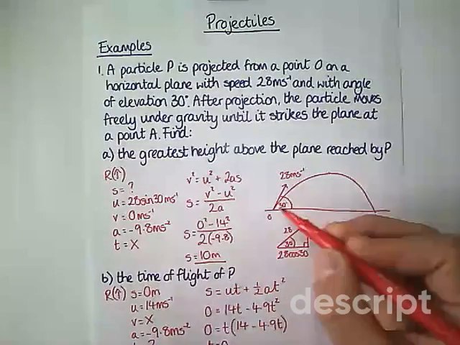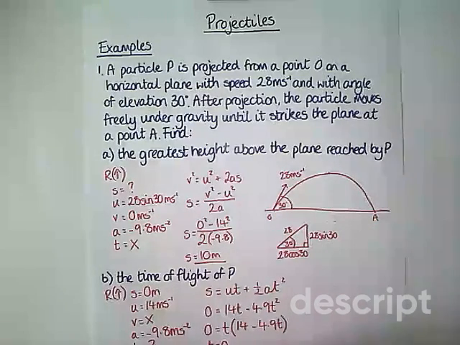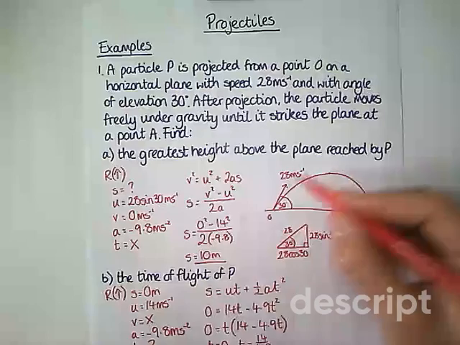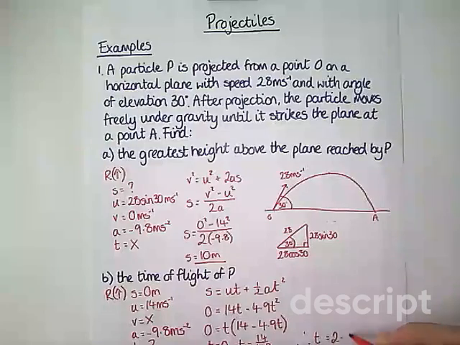Well, that's going to be at the start, that's when the displacement was 0, so that's this point, okay, or t is going to equal 14 over 4.9, okay, so that's this time. So therefore t equals 14 over 4.9, which is 2.9 seconds to two significant figures.